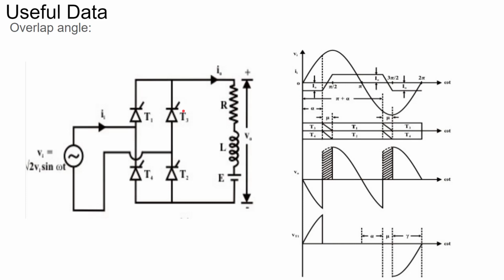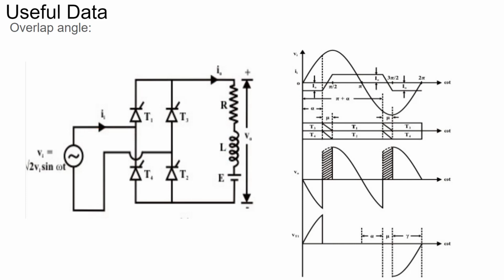In the negative half cycle, T3 and T4 are forward biased, T2 and T1 are reverse biased. So, after giving firing angle to the thyristor T3 and T4 at alpha degrees, the current will flow from source and then T3 and then load and then T4 and then source.